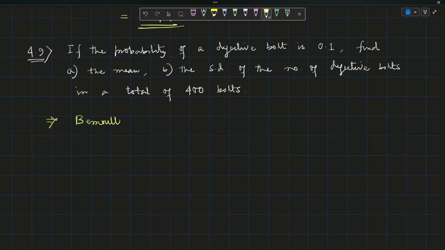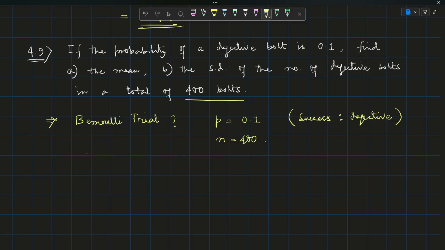So the Bernoulli trial is picking a random bolt, and success is defined as the bolt being defective. So the probability of that is 0.1. There are 400 bolts, so n is 400.